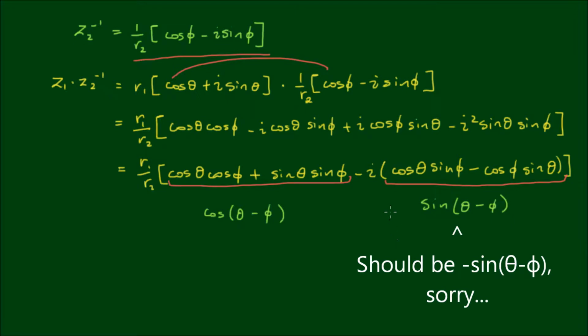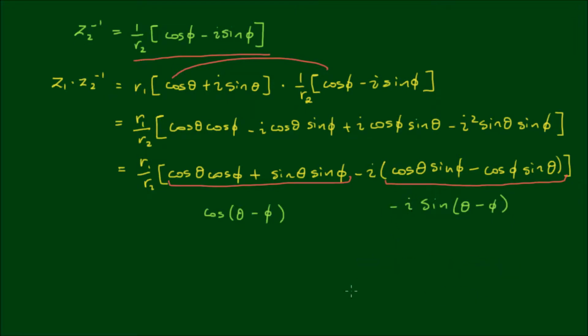And the identities that we've used here are called the sum difference formulas. So we still have r1 on r2 outside of cos theta minus phi minus i by sine theta minus phi.